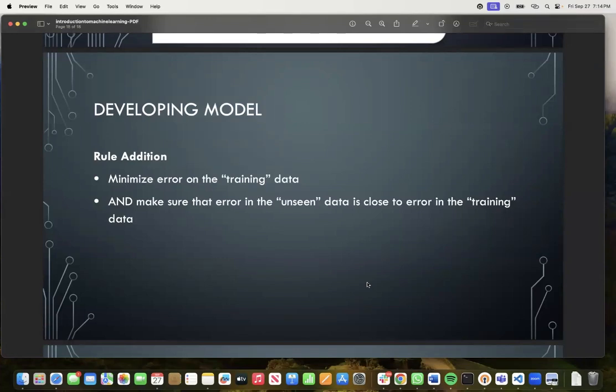Now, if the error is also big on the training data, that is fine. But if you test it on the test data, it should be quite good. That means it has generalized well to real world conditions. Whatever the case may be, your test accuracy shouldn't lie so far away from your training data's accuracy. And that is when you have a good model. Okay, so that's the general rule.